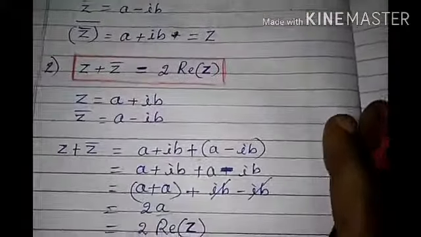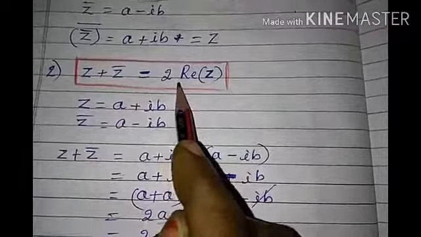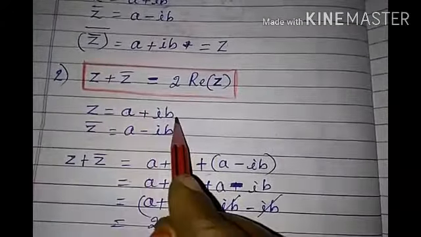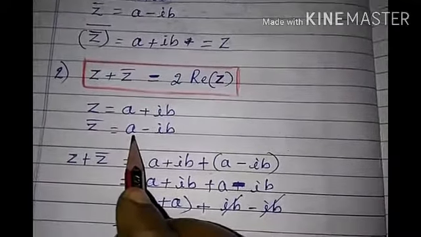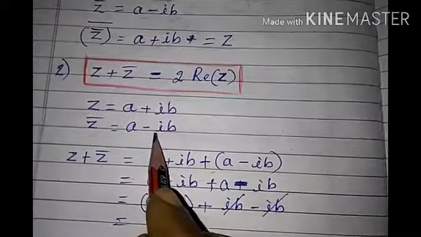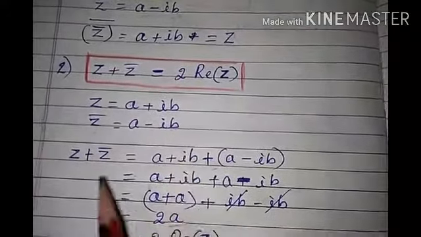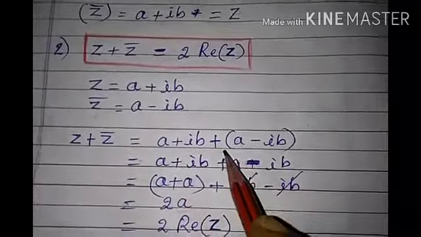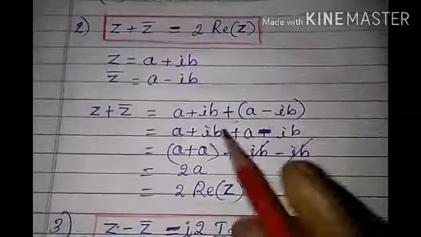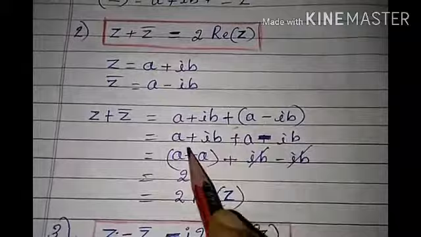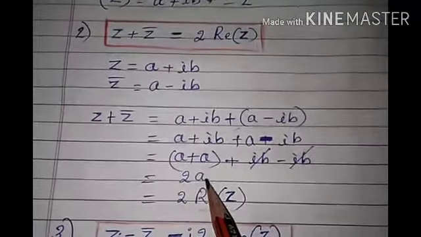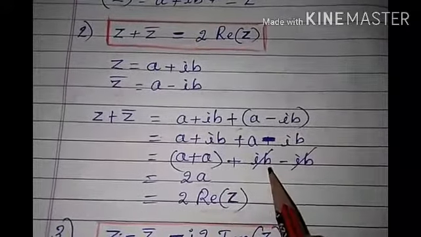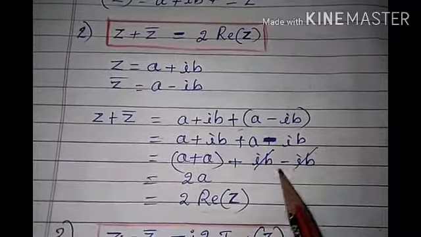Next one: z plus z bar equals 2 into real z. Let z equal a plus ib. Then conjugate of z equals a minus ib. Plus ib is changed to minus ib. Therefore z plus z bar equals a plus ib plus a minus ib. Add these two complex numbers. Now a plus a becomes 2a, and in the imaginary parts, plus ib and minus ib cancel.